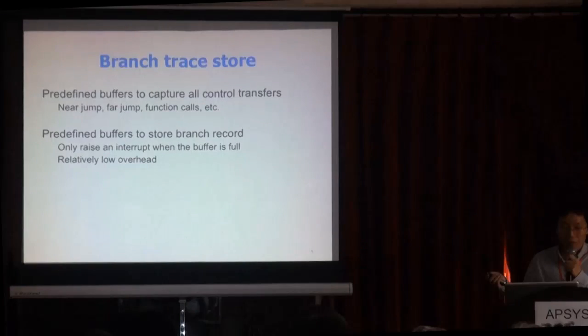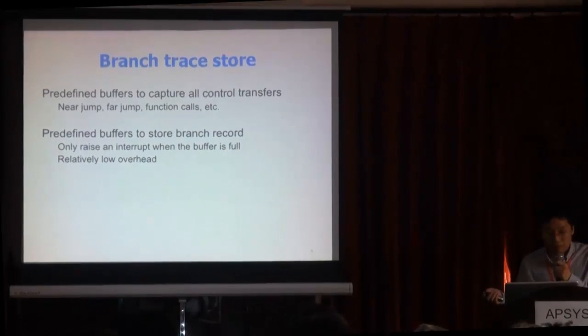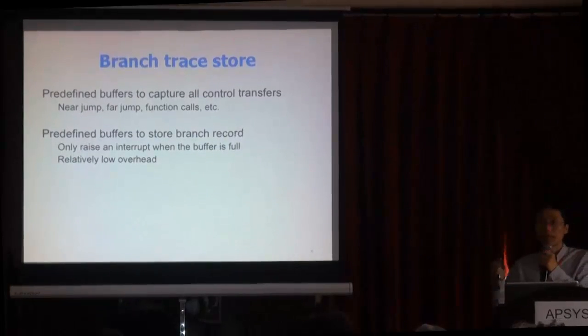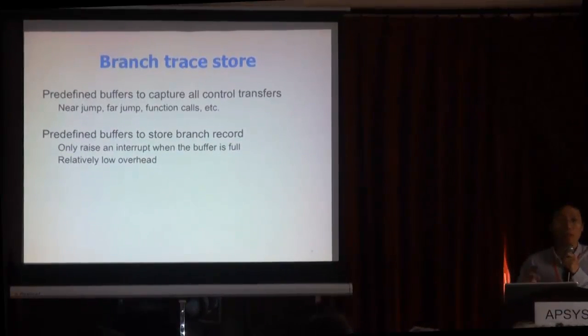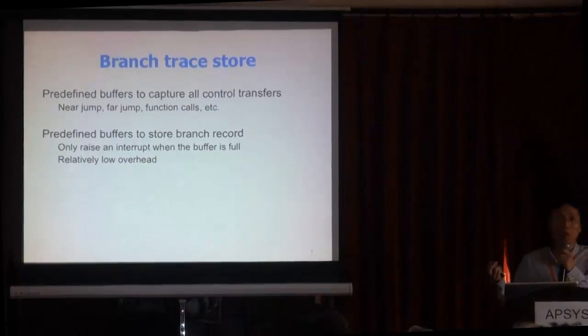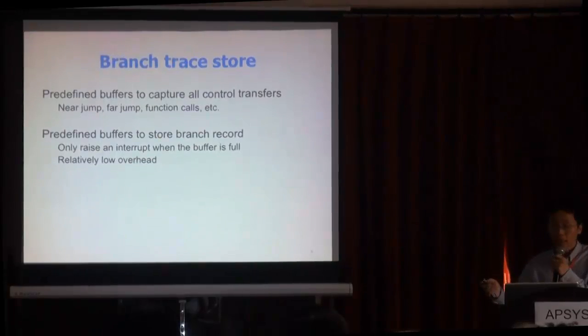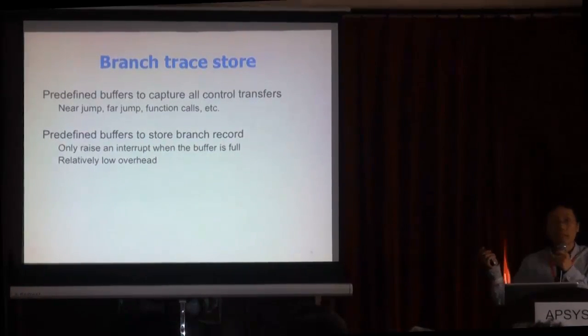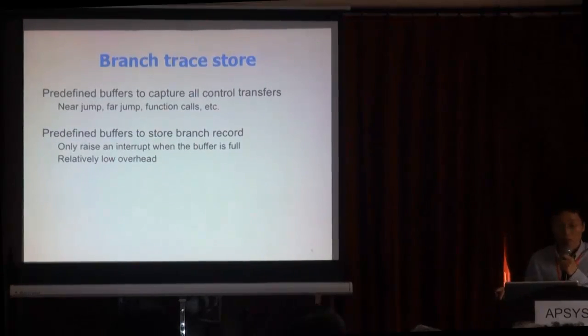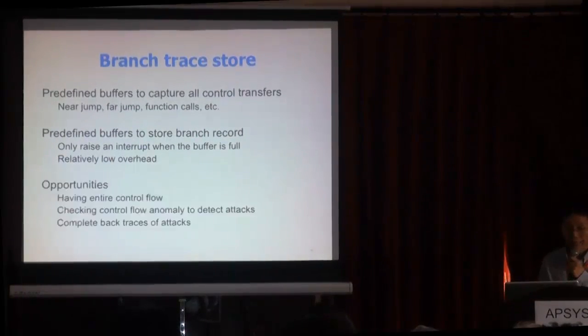They also have predefined buffers to store branch records, so we do not need to raise an interrupt when a single performance sample gets captured. We only need to raise an interrupt when the buffer is full. This means that branch tracing could have a very low overhead.